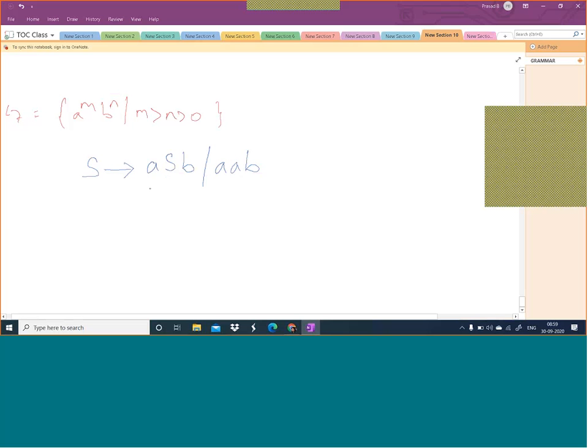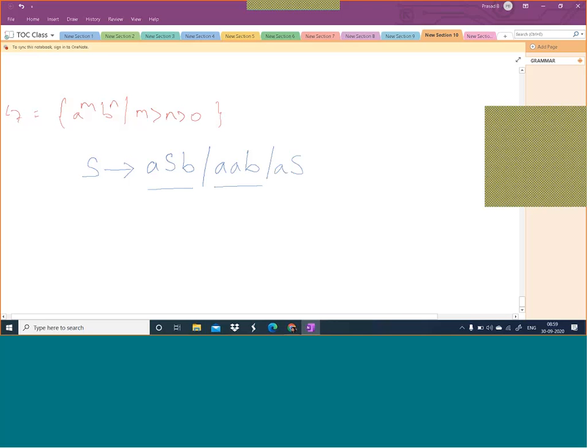This is for equal number of A's and B's, and this is exactly one extra A than the B's. But we want more A's. So that is the reason we must take AS. This is for more A's. This is for only one extra. This is for equal. Let us check.